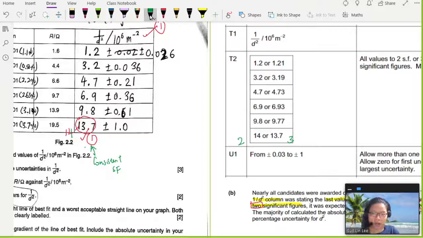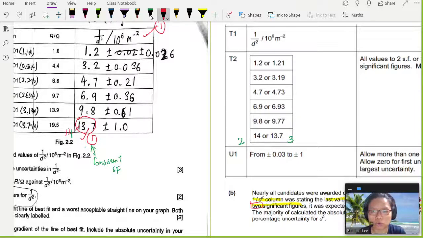Okay, U1. U1 here means it doesn't have to be on the table. So if you make a calculation error here, and then you write outside, it's okay. It's okay, no problem. Okay, because I think CAIE understands sometimes students make calculation error lah. Alright, so normally the uncertainty in this case, if you are doing the right thing, it should be in some increasing or decreasing order.